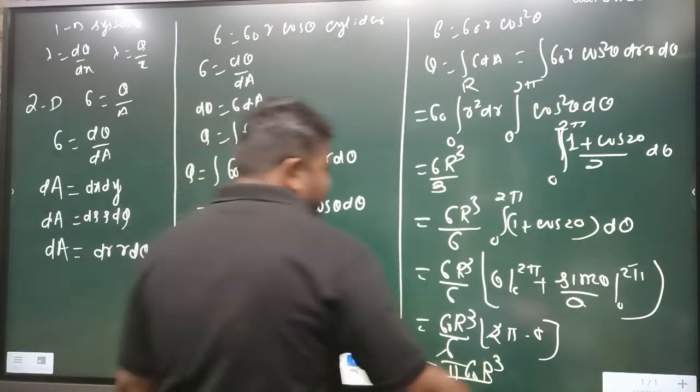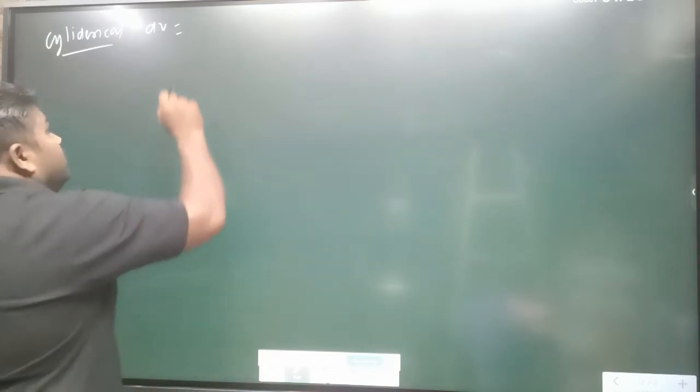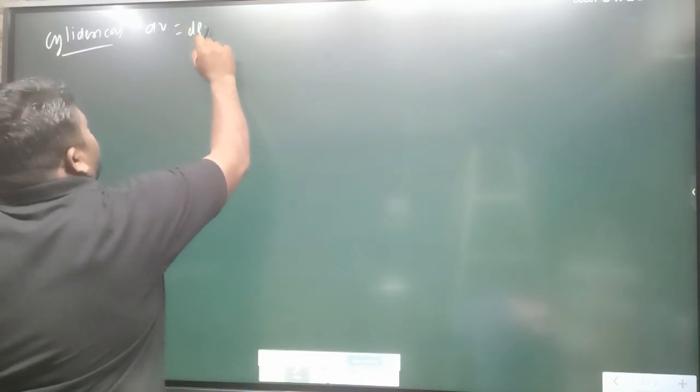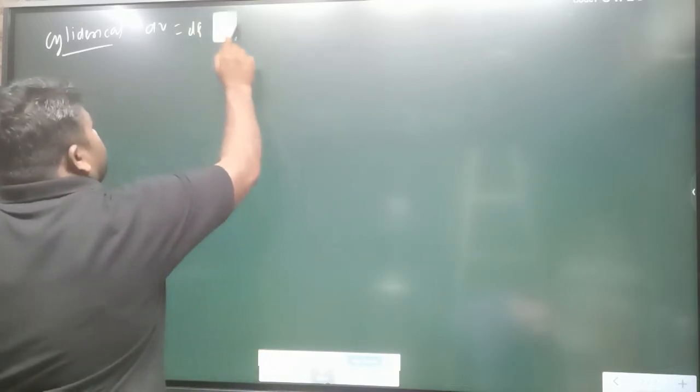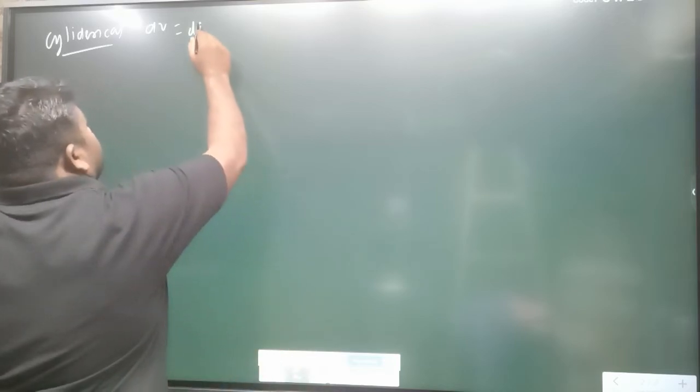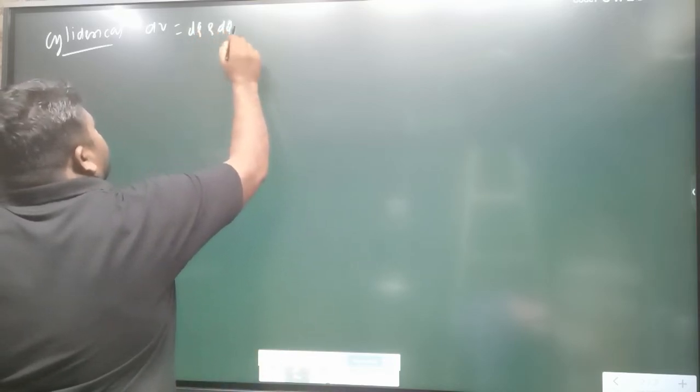Next, the 3D case. If the 3D system is a cylindrical system, what is the value of dV? The first length element is d rho, the second length element is rho d phi, and the third length element is dz.